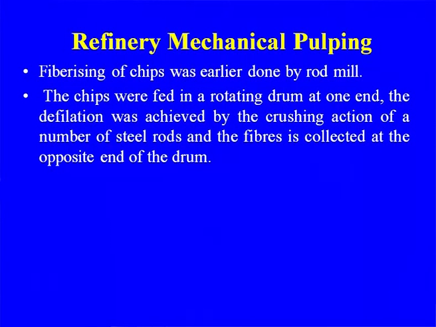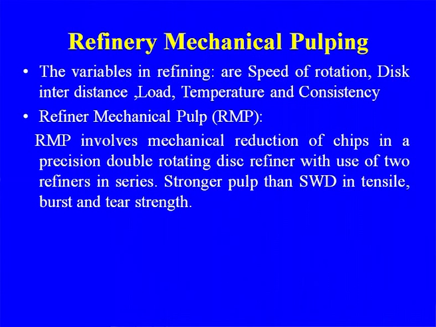Fiberizing of the chips was earlier done by the rod mill. The chips were fed into a rotating drum at one end. This is another type of refiner that was being used. The variables in refining are the speed of rotation, disc inter-distance, load, temperature, and consistency.